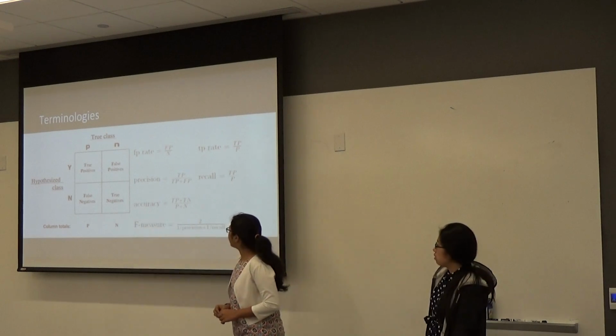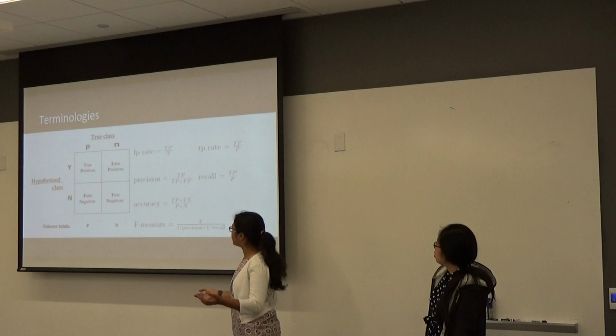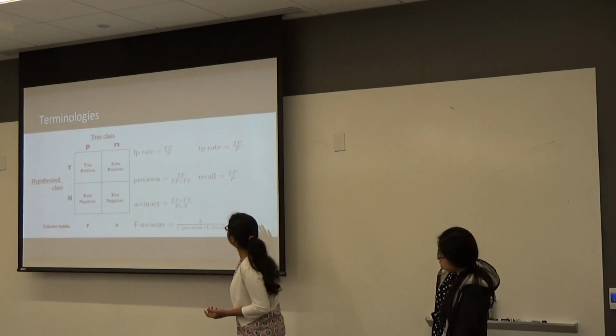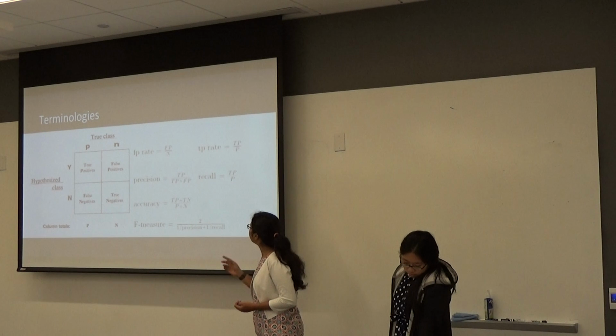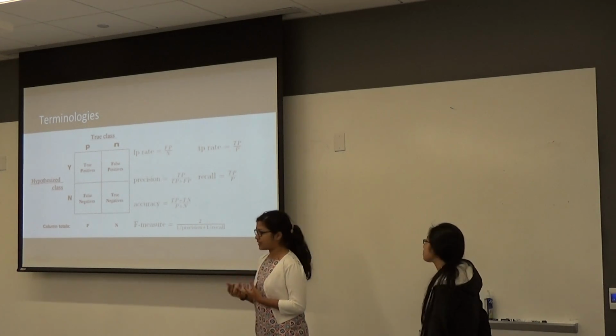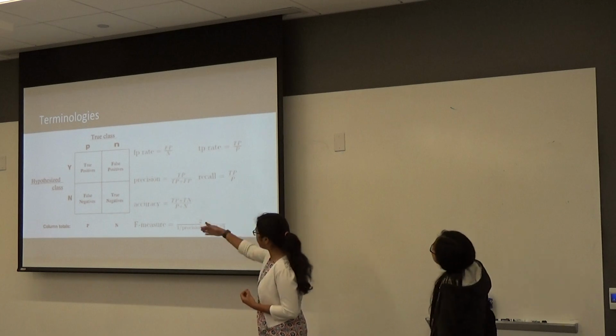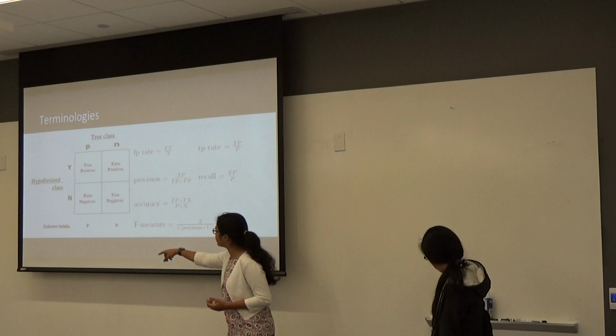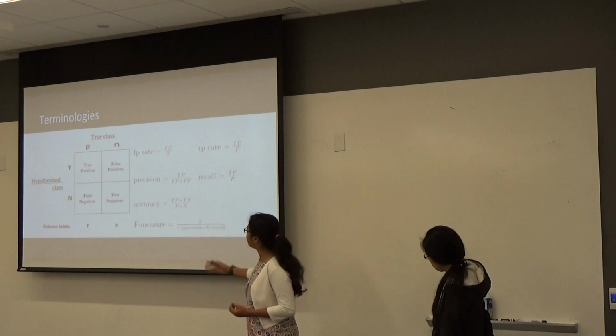A couple of interesting metrics are the FP rate and TP rate. True positive rate is the fraction of positive data sets which are correctly predicted, so true positives divided by the column total of positives. And similarly the FP rate.